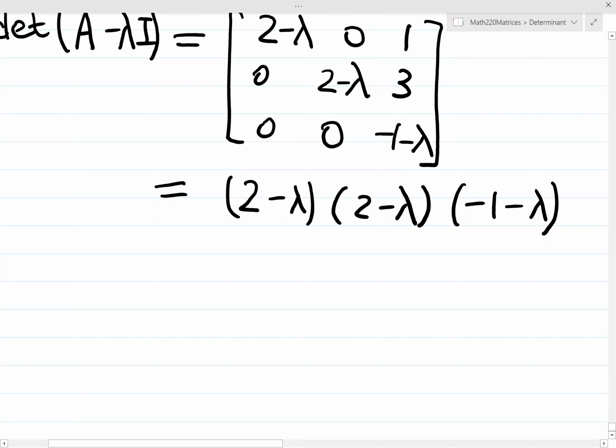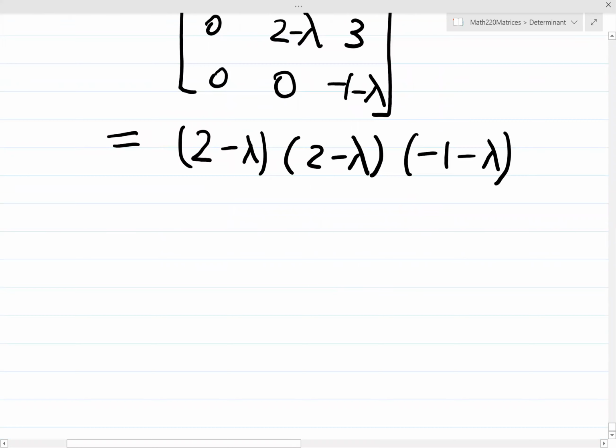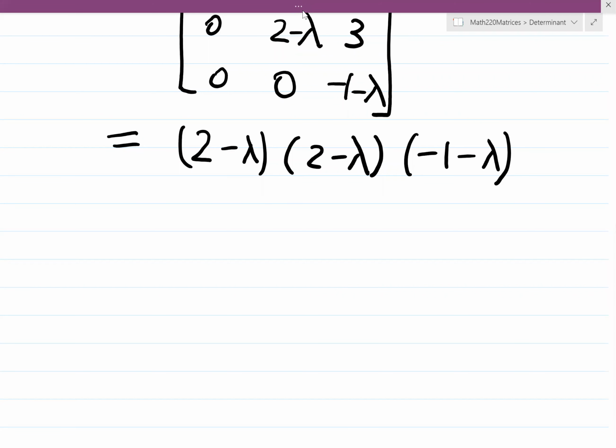The characteristic polynomial is 2 minus lambda times 2 minus lambda times -1 minus lambda. This is the characteristic polynomial of the matrix A.